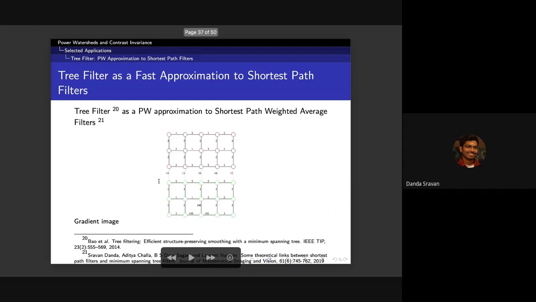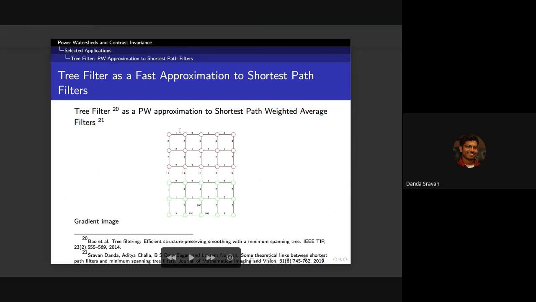It so turns out that, independently, another set of authors proposed what is called a tree filter. We figured out that this tree filter is actually a power watershed approximation to the shortest path weighted average filters. How exactly is this happening?